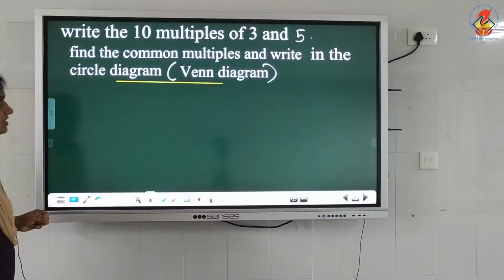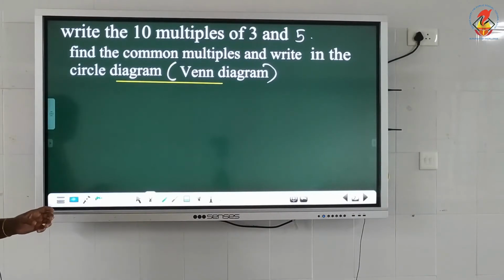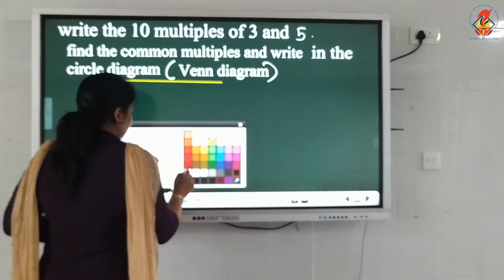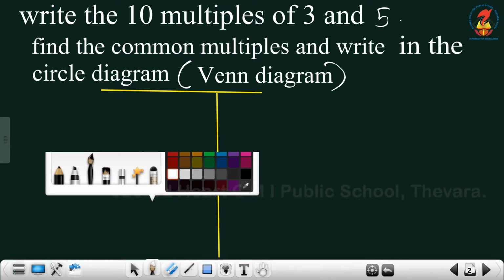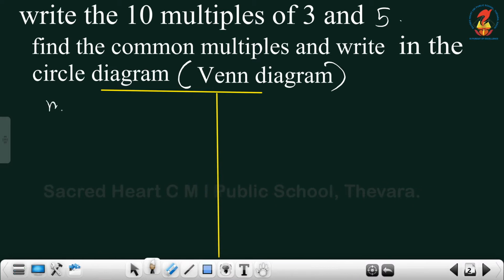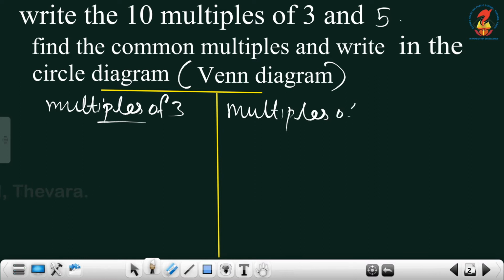Write the 10 multiples of 3 and 5. So you need to write 10 multiples of 3 and 5, right? I'll show you multiples of 3 and here multiples of 5.